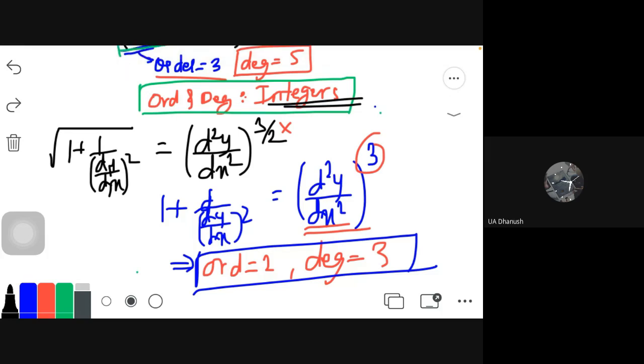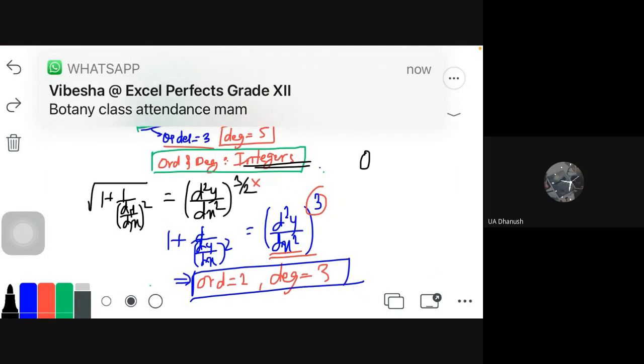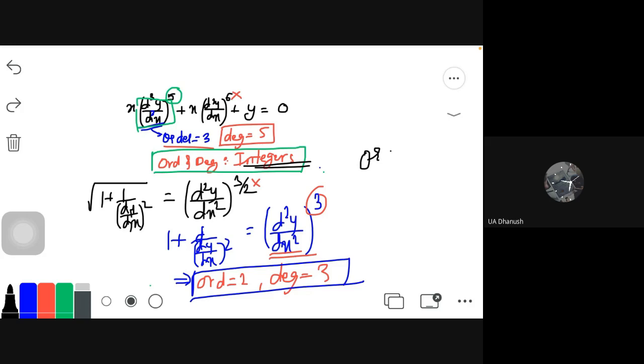Now, what's in your syllabus? Your entire syllabus is going to have numericals pertaining to almost the entire one, order 1 and degree 1.